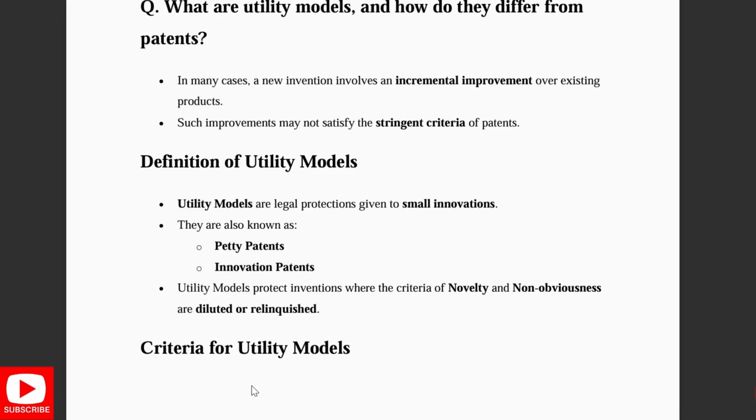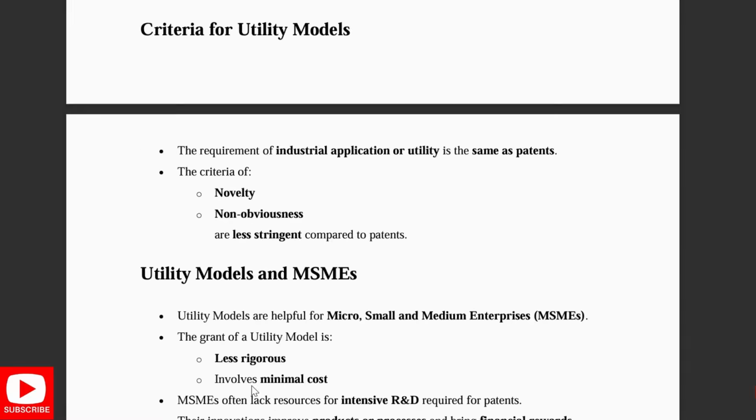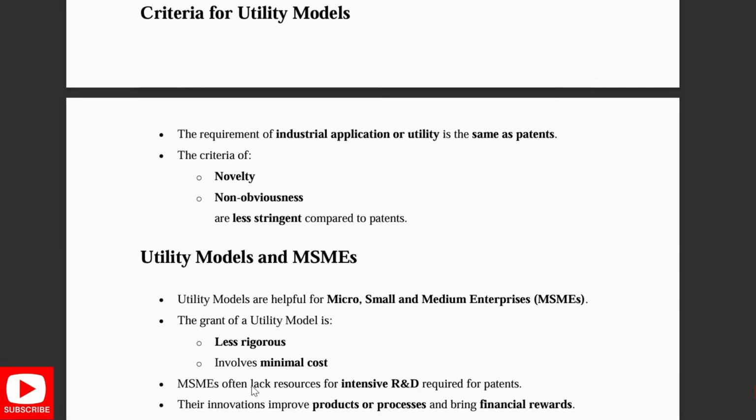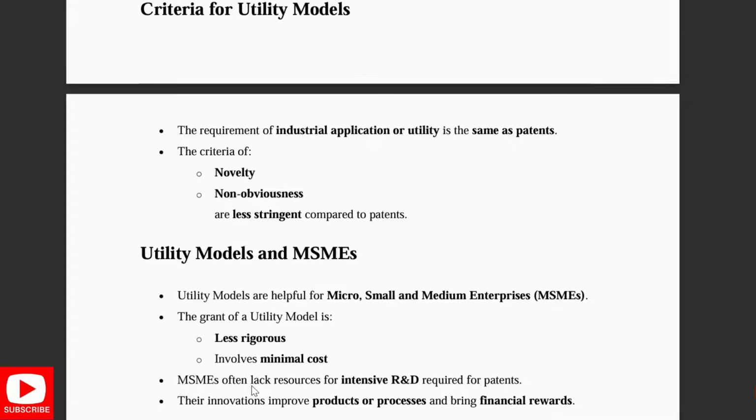So these protect the inventions where the criteria of novelty and non-obviousness are diluted. The criteria for utility models is a requirement for industrial application or utility, same as patents. The criteria of novelty and non-obviousness are less stringent compared to patents.